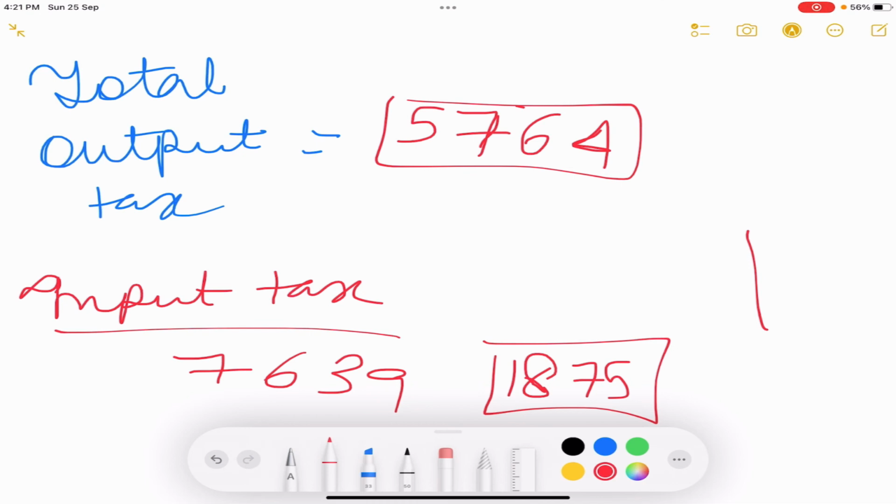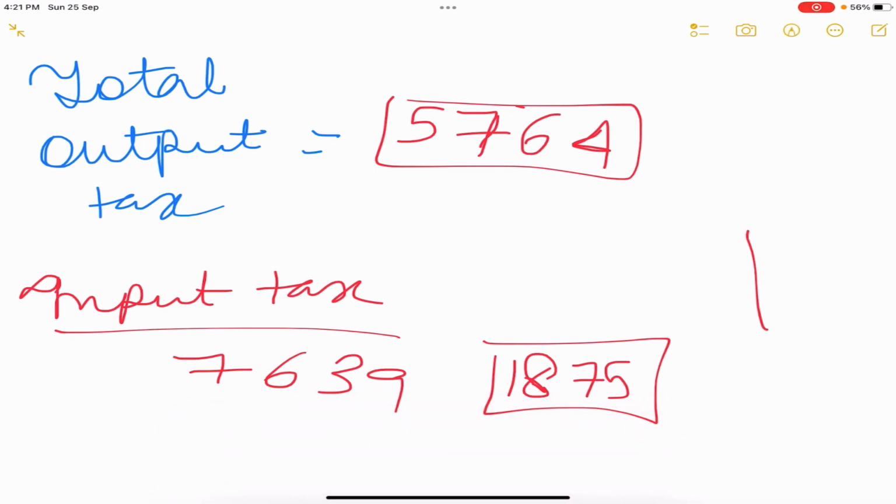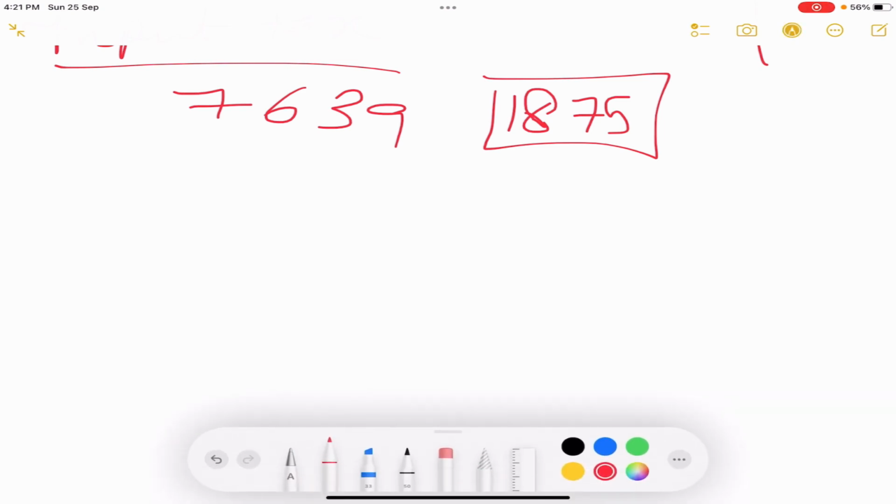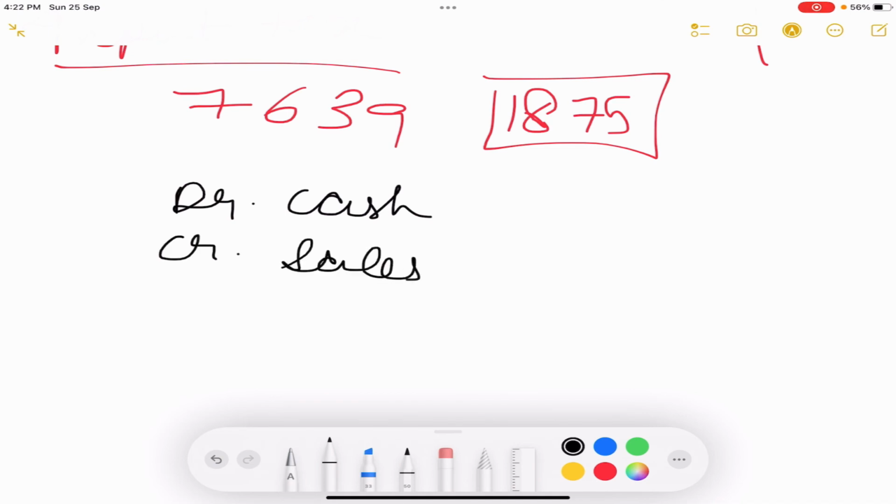Okay. Now let me make this clear for you guys again. When our input tax is more than the output tax, which means we will be receiving the amount from the government, we will be getting the refund. So you know the journal entry of getting a refund. What is it? You're going to debit your cash account because you're getting excess, and you're going to credit your sales tax account, right?